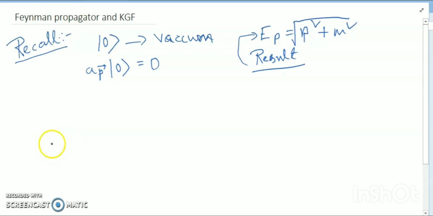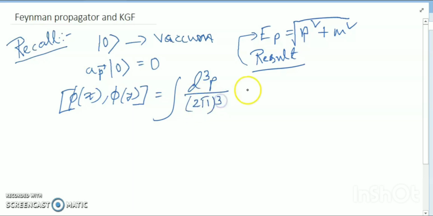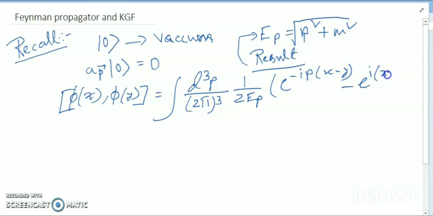Again, recall what I have already discussed: the commutator of phi(x) and phi(y) equals the integral d cubed p divided by (2 pi) cubed, times 1 over 2E_p, times e to the power i p (x minus y) minus e to the power minus i p (x minus y).